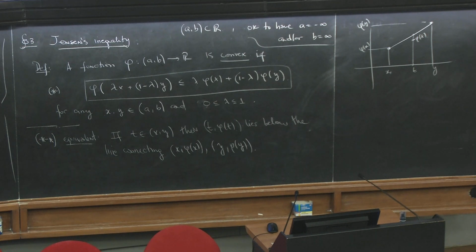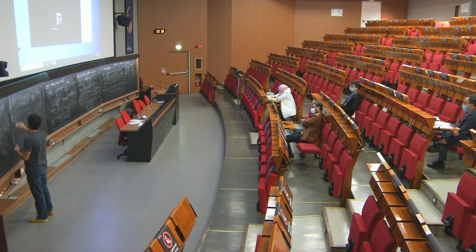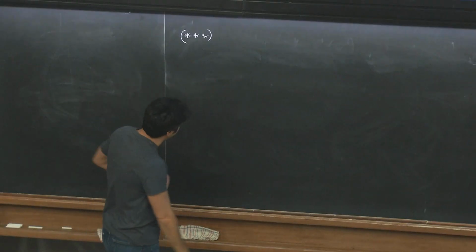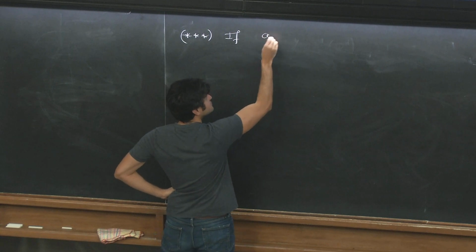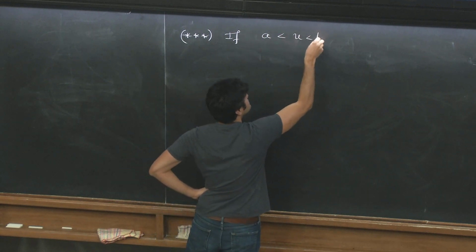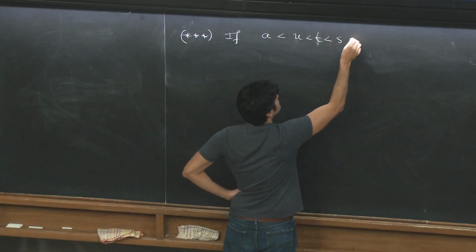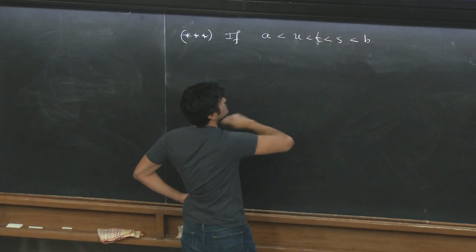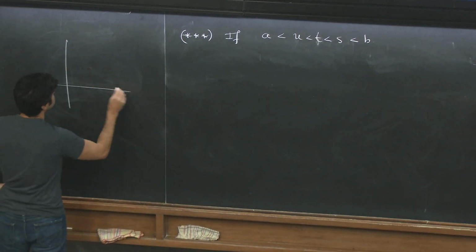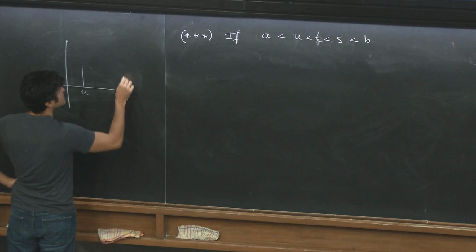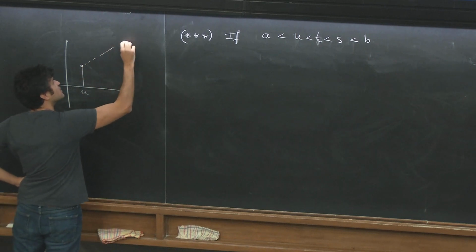And if you write down the equations of the line, another equivalent way to say the same thing is the following. If a, the endpoint of the interval, is less than u, less than t, less than s, less than b, so for any three points u, t, and s in your graph, let's suppose here you have your u, you have your s, you have the values of the two, you have the line connecting them, and you have your function.